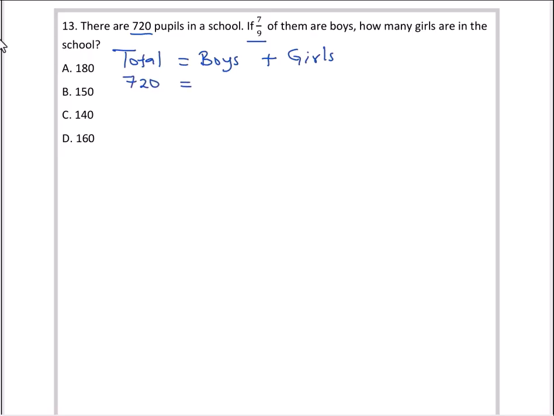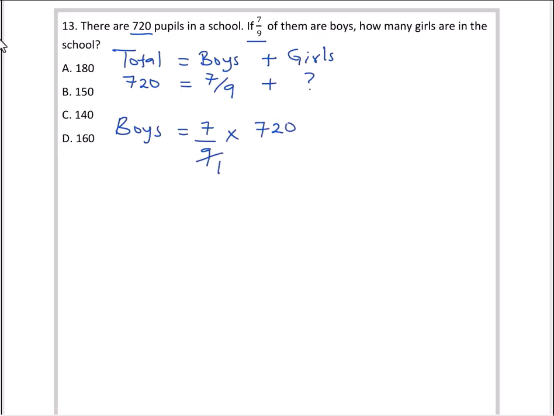We weren't given the number of boys, rather we are given the fraction for boys, and no information was given about girls. So from here we can use the fraction of boys to solve for the number of boys. So boys is equal to 7/9 multiplied by 720.